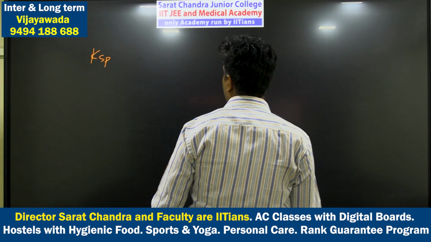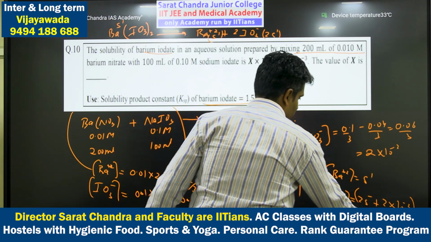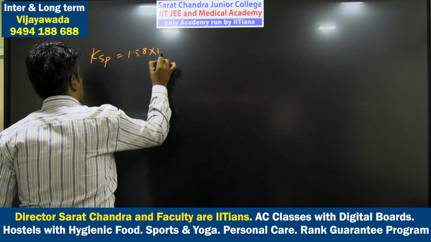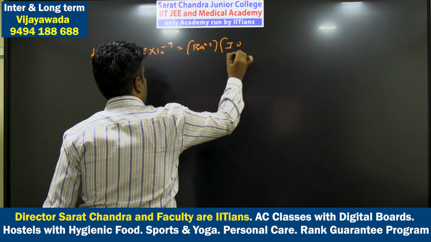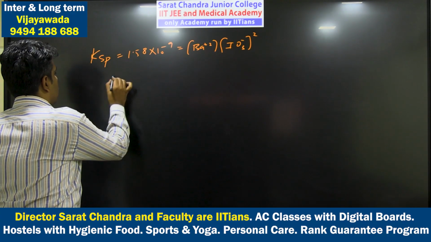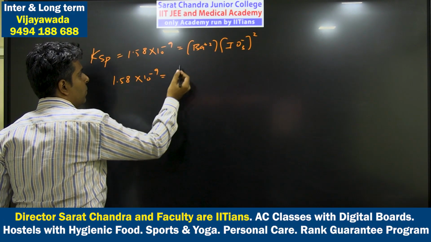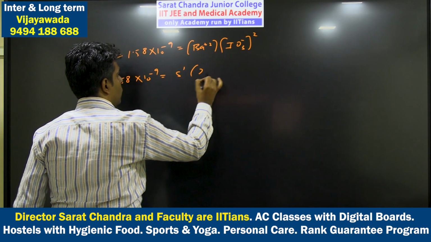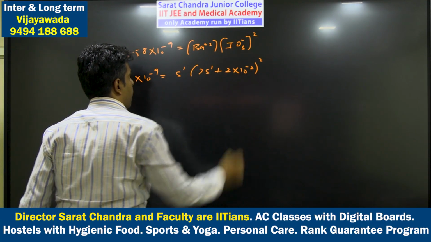The value is 1.58 into 10 to the power minus 9, that is the concentration of barium ion times iodate ion square. So for the solubility of barium iodate, the concentration of barium ion we have assumed to be S dash, and 2S dash is coming from the barium iodate, and already this was there in the solution.